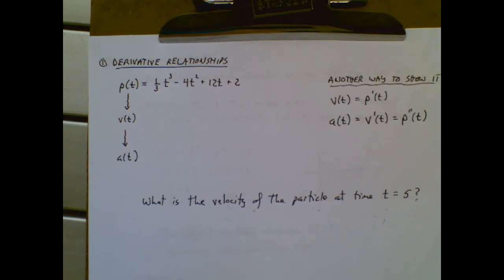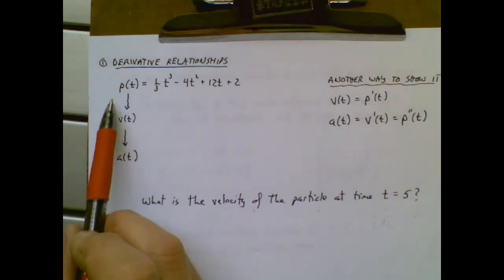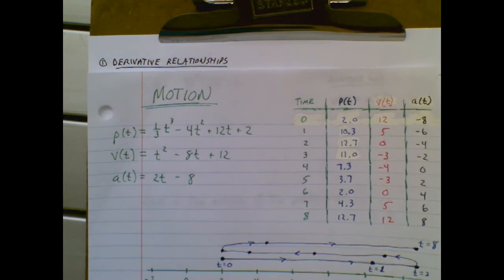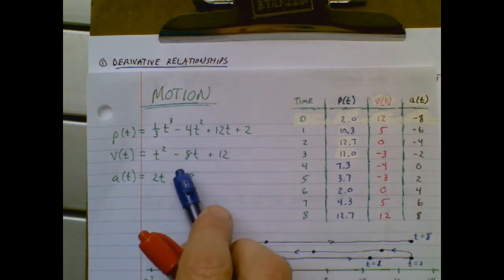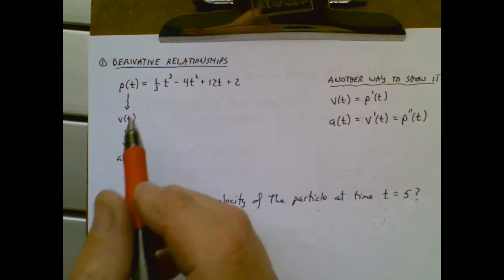Okay, I'm going to address the first item on the list of things you should know, which is there is a derivative relationship between position and velocity and acceleration. You maybe noticed it when I put up these functions in the beginning, that these are derivatives of each other. If you didn't notice it, no big deal, but you're about to see it.